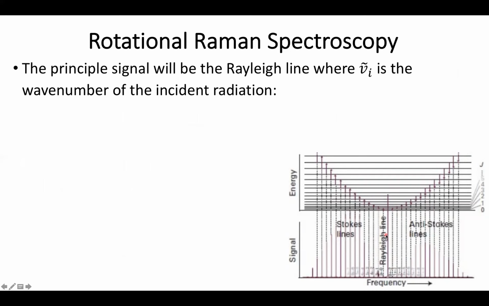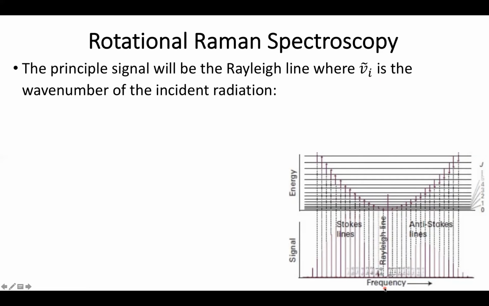This will be centered about ν_i, where ν_i is the wave number of the initial incident radiation. This will tend to be our largest peak, first of all, because it doesn't matter what J state I started in. This just shows that no J change was observed. So that in and of itself is going to significantly increase the height of the Rayleigh peak.